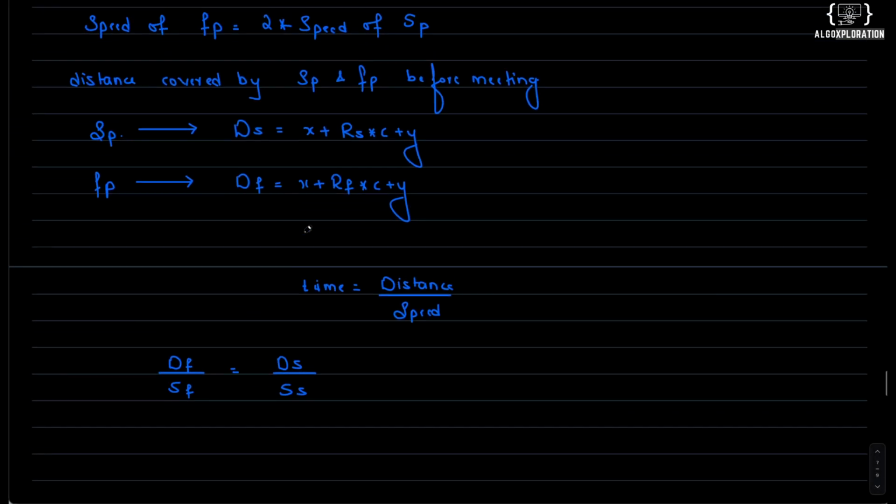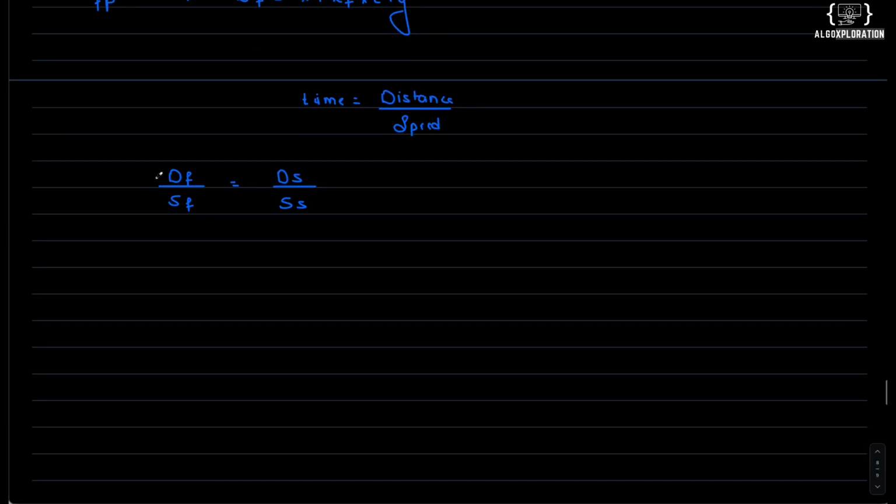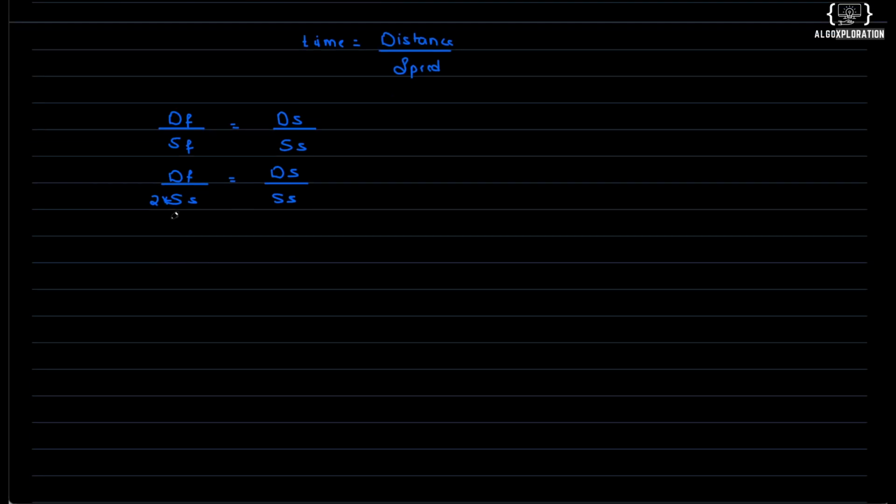Now we know the formula, this one, so I'll just substitute over here. Since sf is twice of ss, this will be df upon twice of ss is equal to ds upon ss. If I calculate this, df is equal to twice of ds, because this and this will get cancelled.